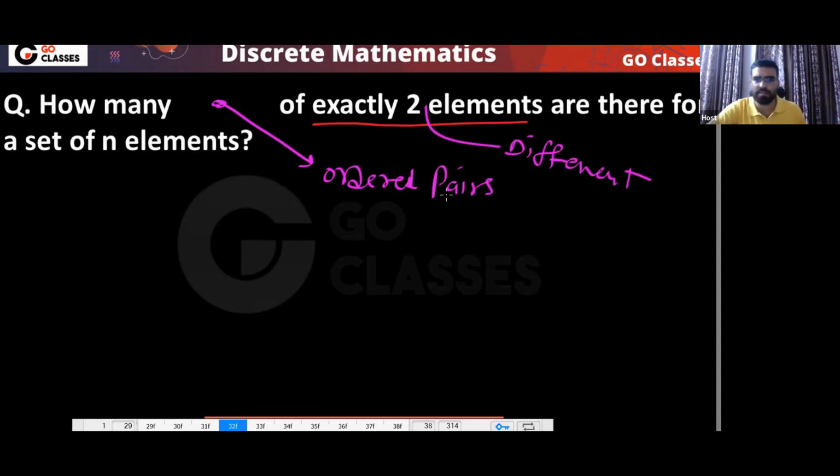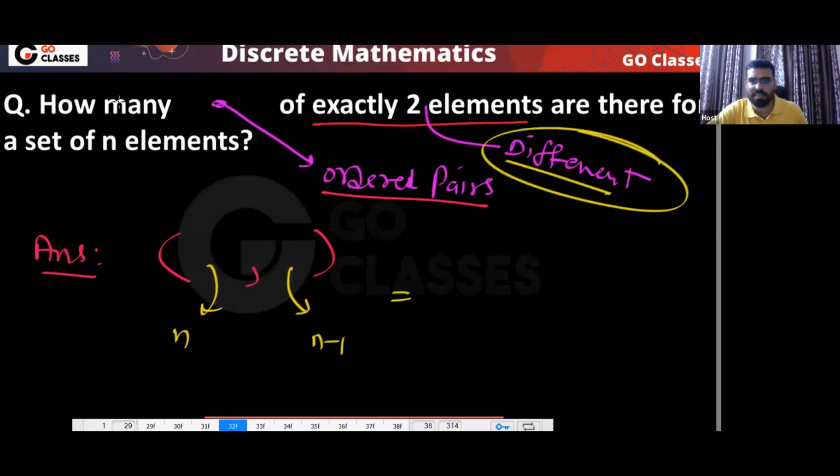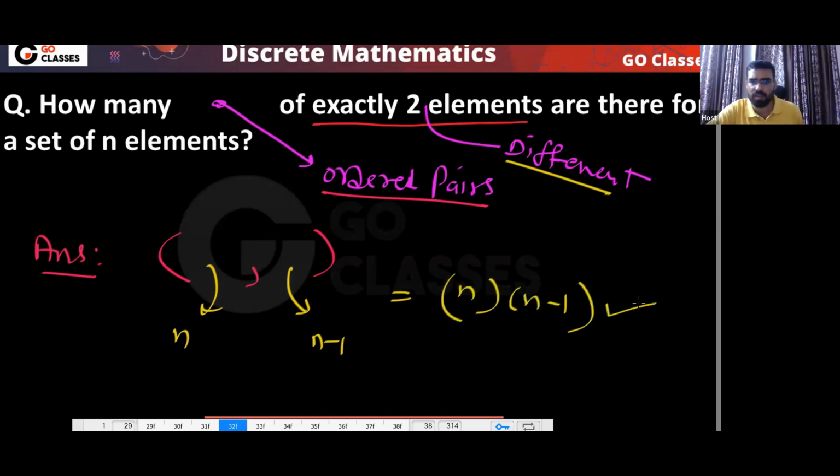Here order will matter. So for the first there are n choices, and for the second there are n minus 1 choices. How many ordered pairs of different elements do you have? The answer will be n into n minus 1. Correct? Very simple, extremely simple. Yes or no?